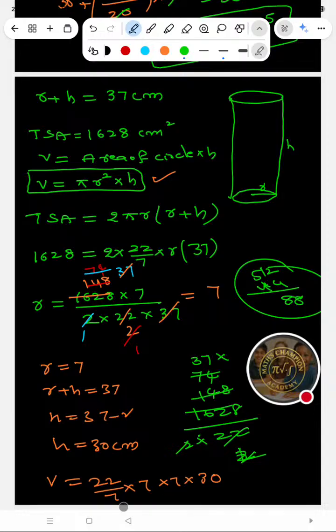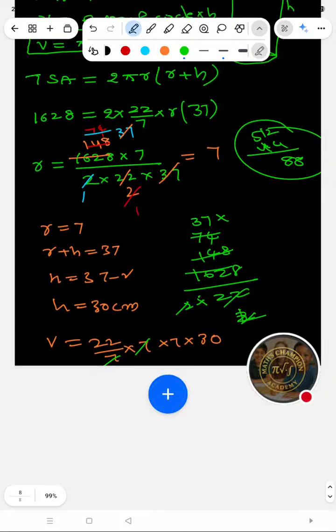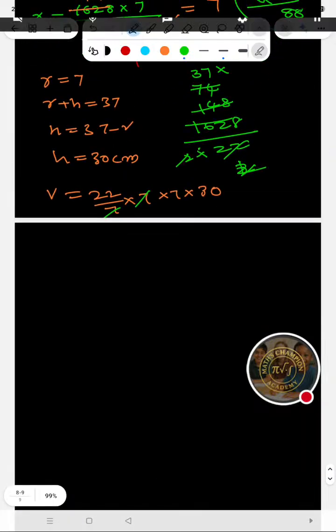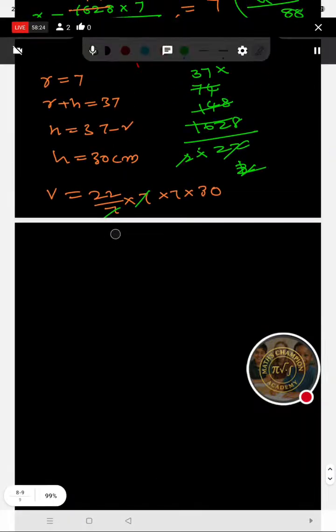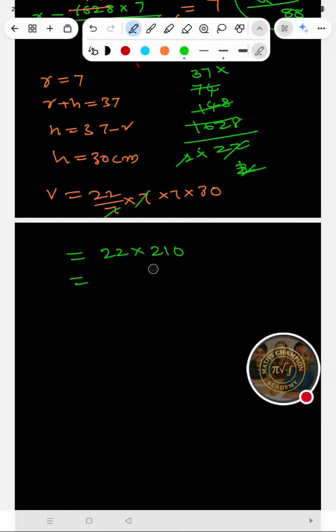Here do cancellation, the 7 on the 7. Again 7 into 3, how much? 7 threes are 21.